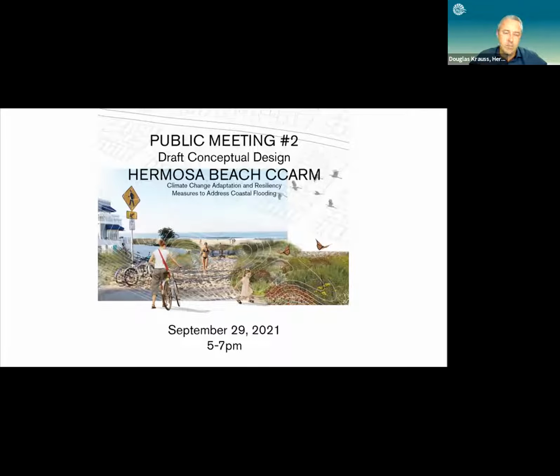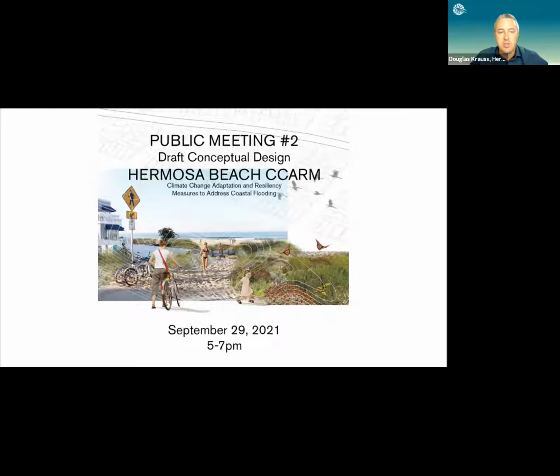And in many of these cases, you'll see, from the surface, you wouldn't even know it's addressing climate change, right? It looks like a typical capital improvement project, but that's the beauty of this: we can do some of these subtly, but some of them not so subtle. And so, again, feedback on the overall look, the feel, the context of these is what we're looking for, and we appreciate everybody's involvement.